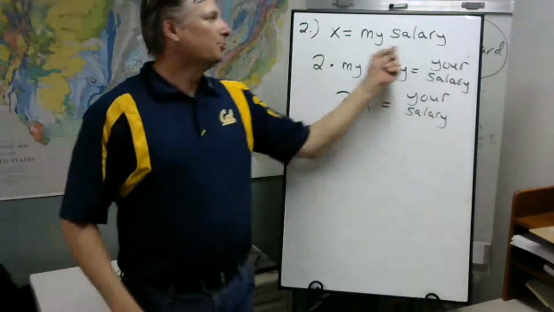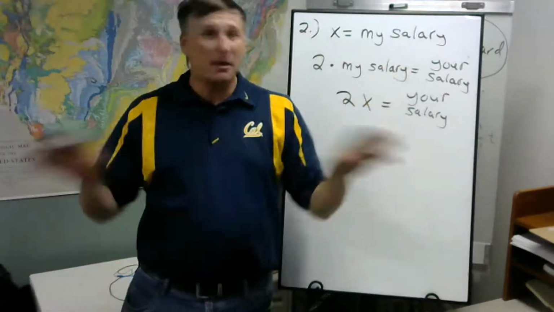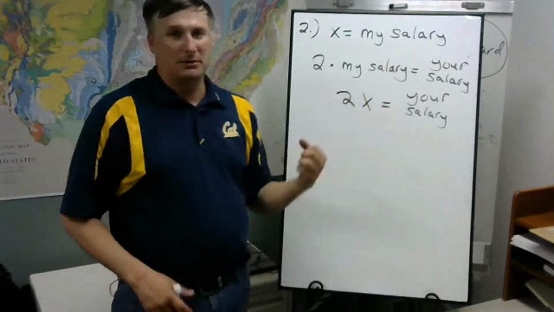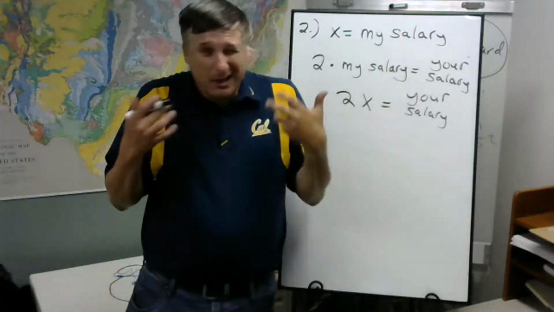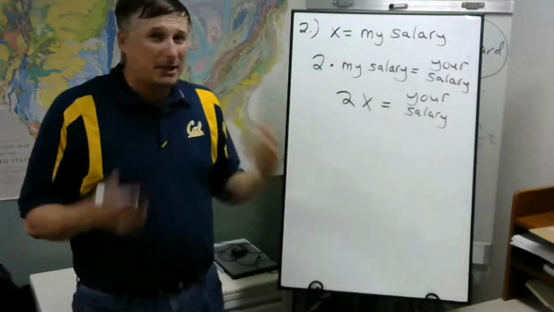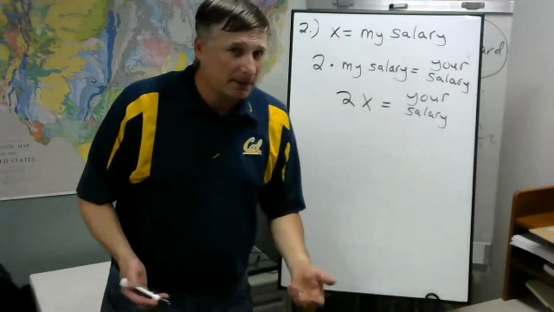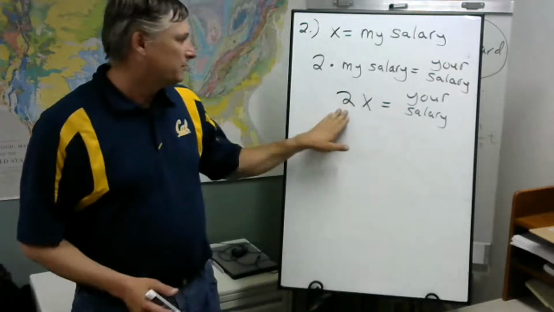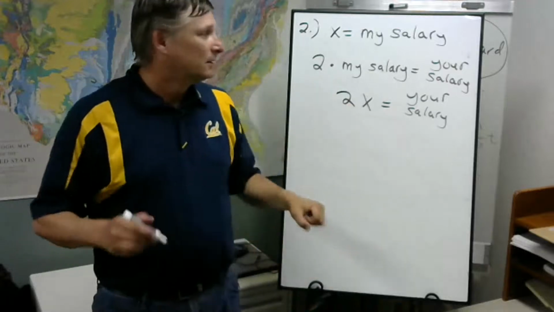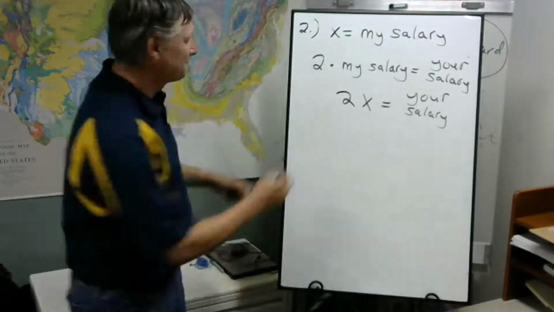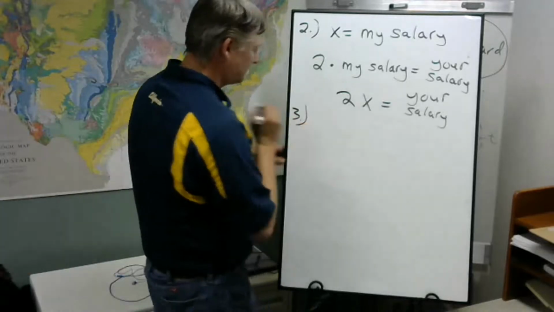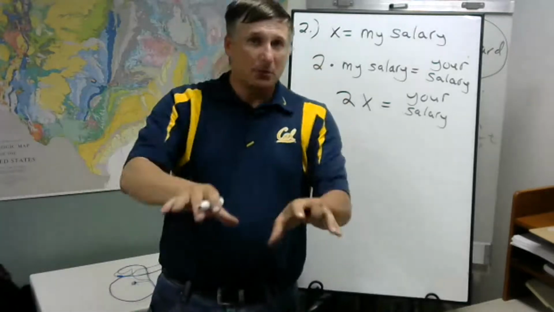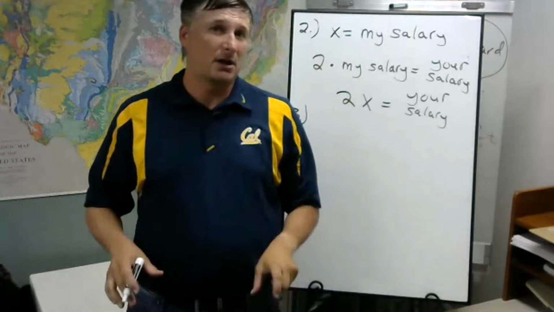So we took the ultimate unknown, the thing we knew nothing about, and we called it X. And then the other unknown, your salary, which we kind of knew something about. Because we kind of knew something about it, we could describe it in terms of X. 2 times X. Now we need an equation. According to the problem, my salary plus yours is $90,000.